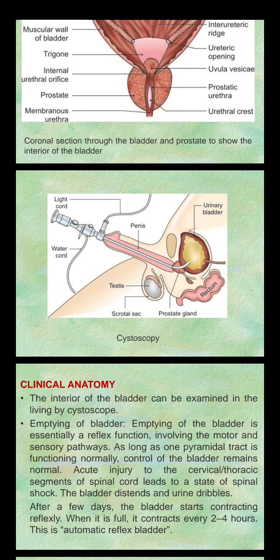The interior of the bladder can be examined in the living by cystoscopy. As you can see in the diagram, the cystoscope is entered through the penis in males, and you can view the bladder. The next clinical picture in the bladder is urinary incontinence.